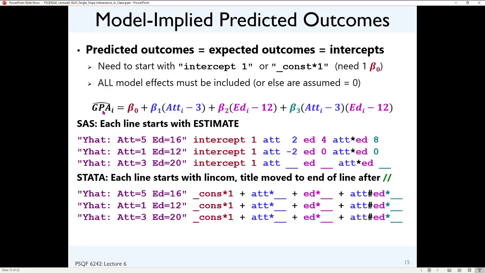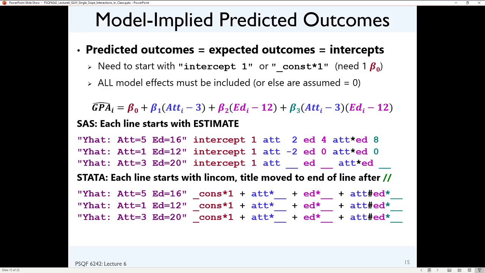So when you are trying to compute y hat, then you are trying to make predictions for prototypical values of your predictors. They do not include the residual, so this is only using the fixed effects.